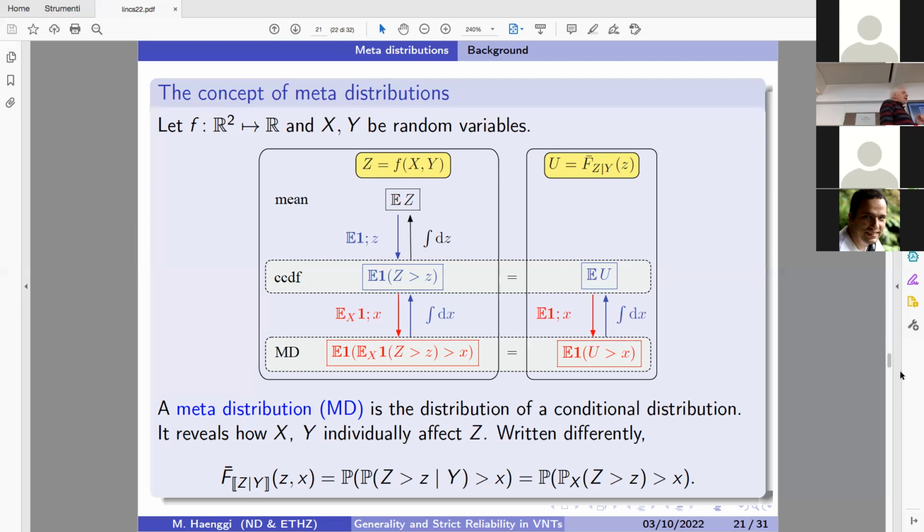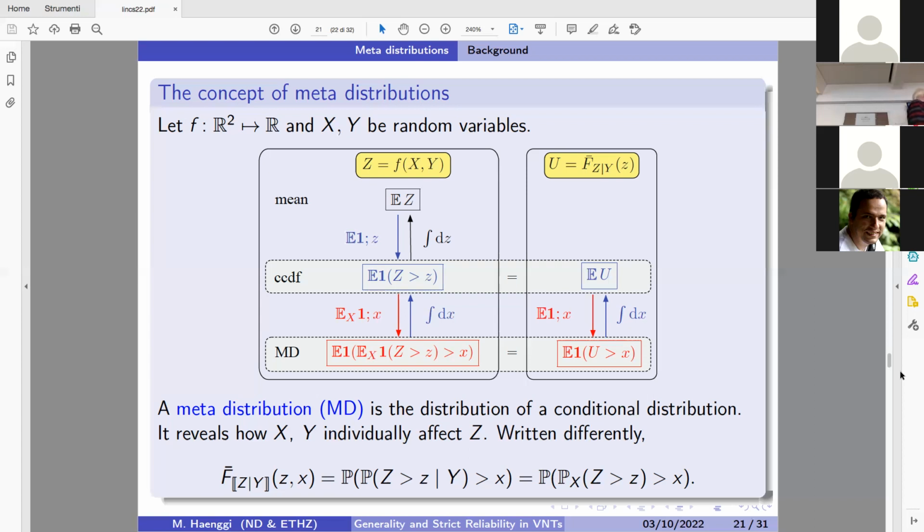Now what we are doing in the meta distribution, we just take this one step further. We take another indicator, this time with respect to x only, we add another dummy variable, and we get this. So that's a meta distribution, a distribution of a conditional distribution that now has two parameters, c and x. And now to see that what we have done before is really just an average, we can introduce a new random variable u, that is the conditional distribution given y.